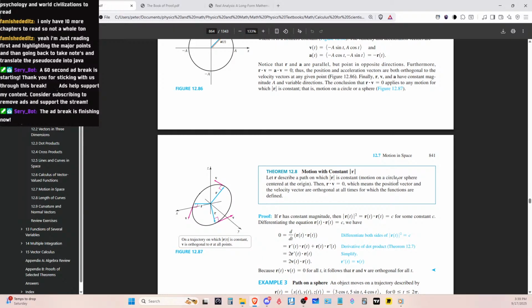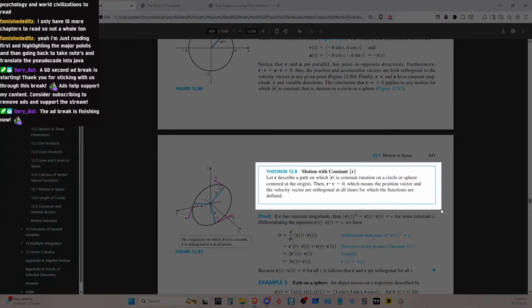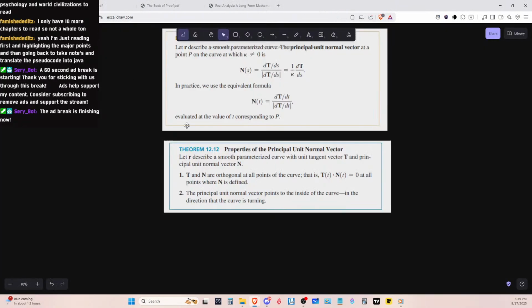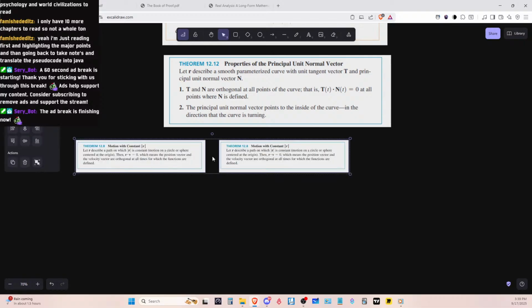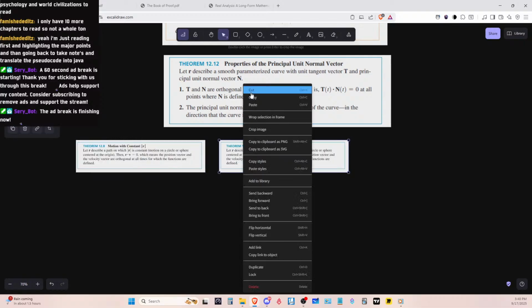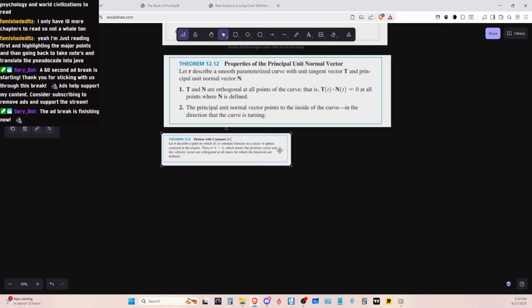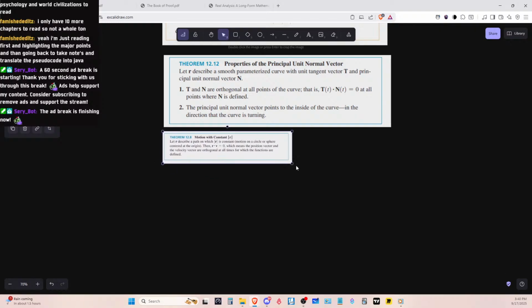Then R dot, which means that the position R. So maybe we can just copy this definition too. Might give us some ideas further down.